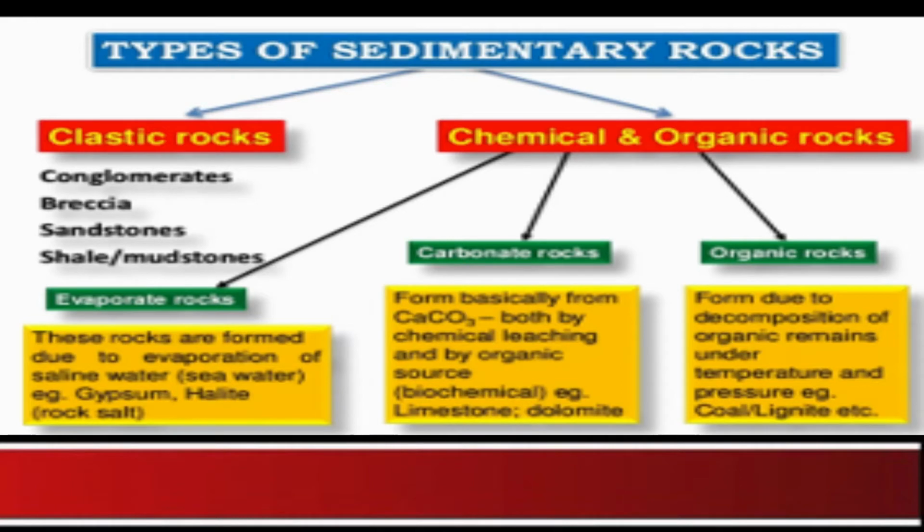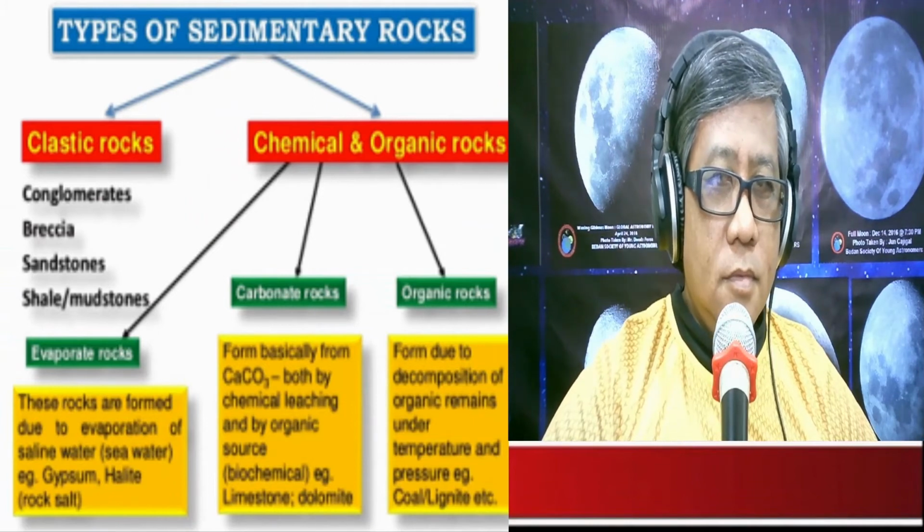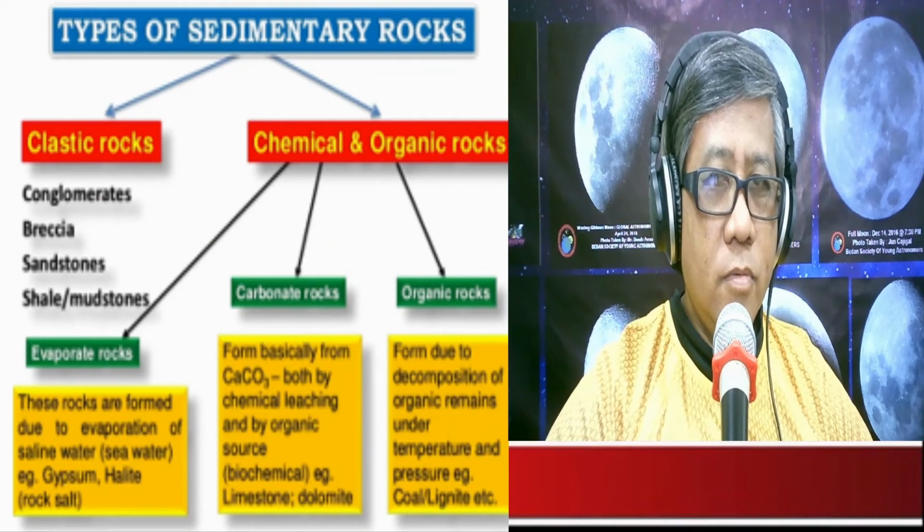So when you say organic sedimentary rocks, these are formed due to the decomposition of organic remains under temperature and pressure, such as coal. Coal is an example of organic sedimentary rock. Alright, so that's how we classify sedimentary rocks.